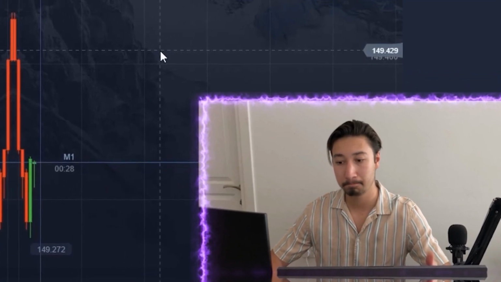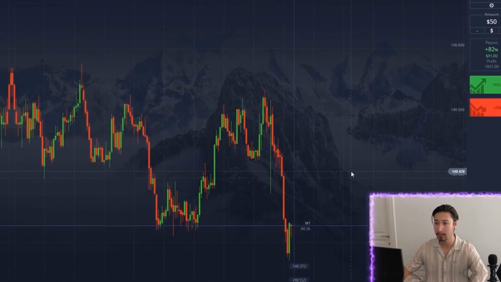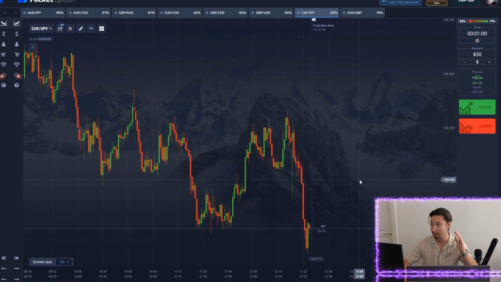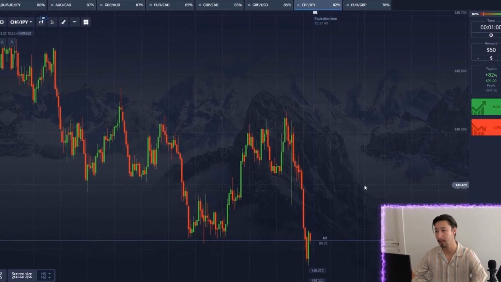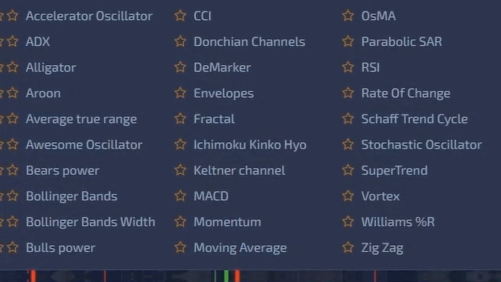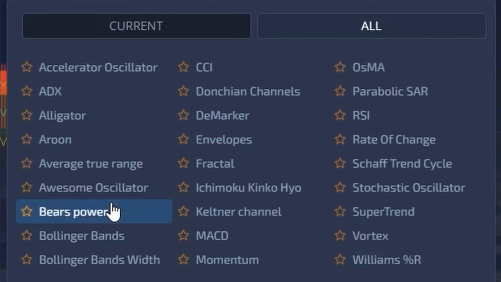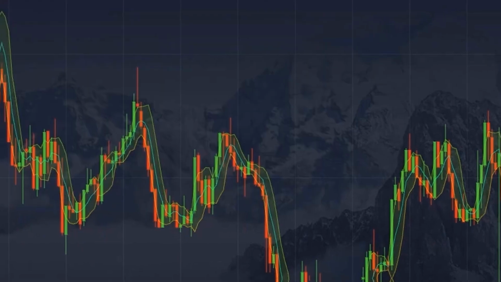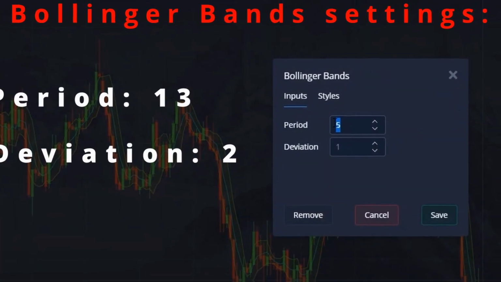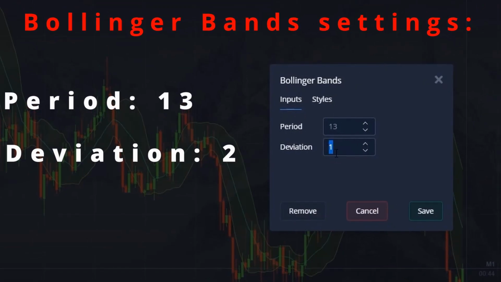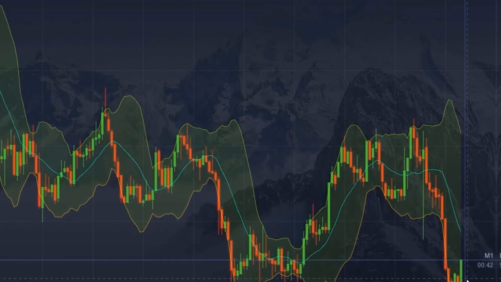Okay, let's start. All the currency pairs have already been picked, and indicators. The first one is the Bollinger Band. Set the period to 13 on the Bollinger Band and the deviation to 2.